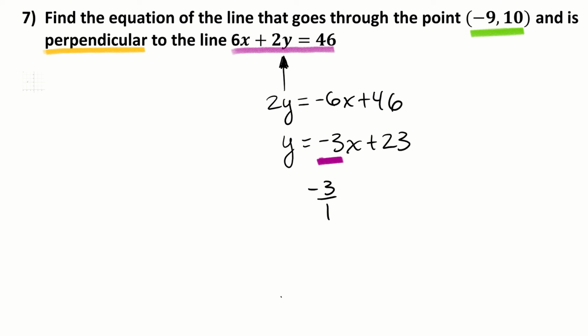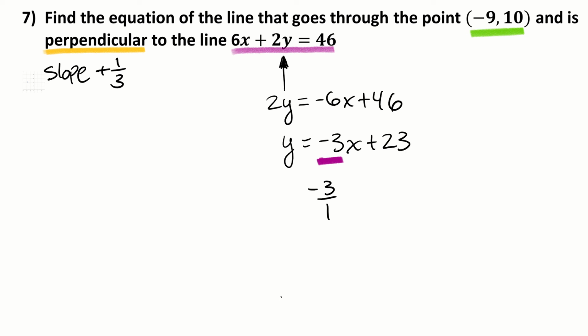Now, the slope that I need to use, the slope that'll make a right angle to this line, would be a slope of positive 1/3. So notice two things happen. It's both opposite in sign. It was negative, it became positive, and it's the reciprocal.